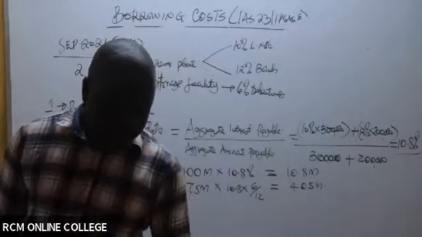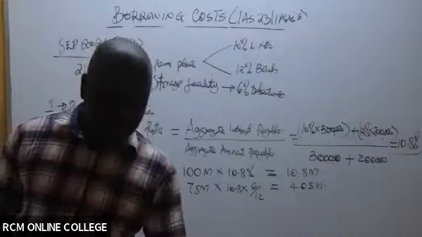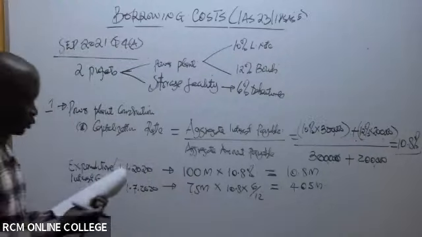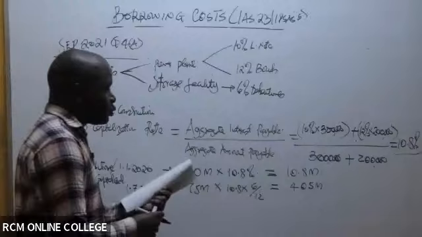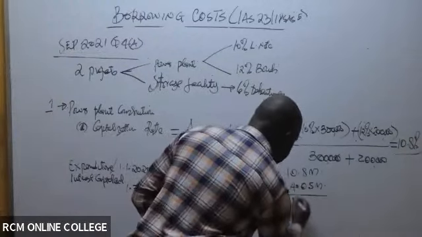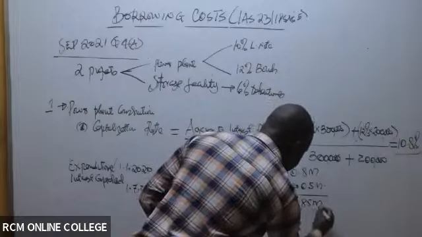Therefore, the total amount to be capitalized as interest as part of the construction of this plant will be the total of the two. What do you get when you total the two? I think you should get 14.85 million.